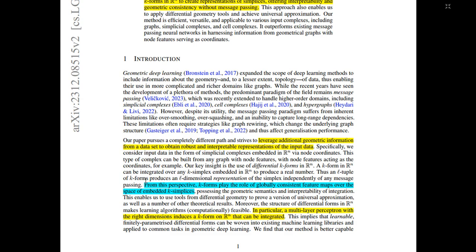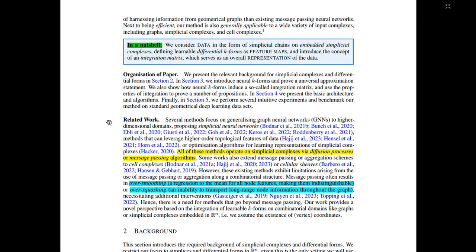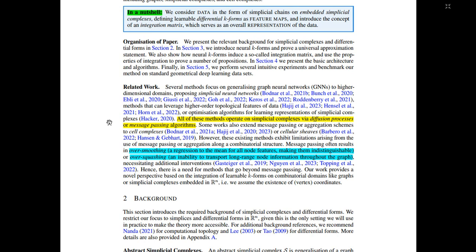So a multi-layer neural network represents our differential forms. And this is again taking the idea from mathematics and somehow creating something trainable from this. So they say that we have some problems with graph neural networks, like over-smoothing and over-squashing.